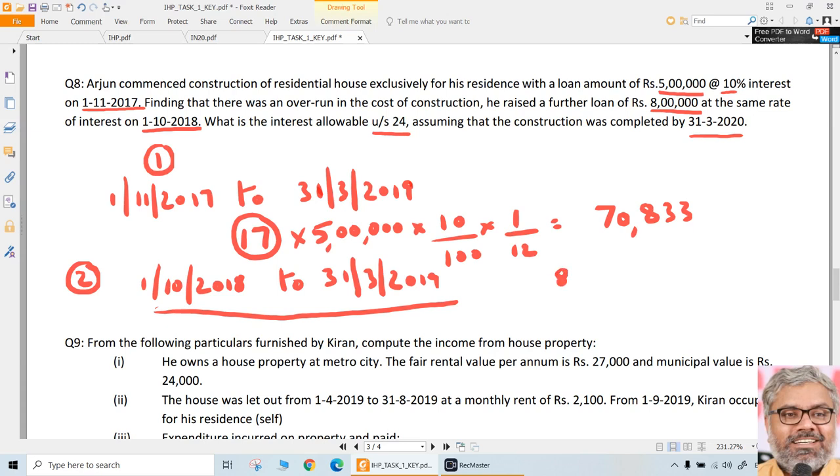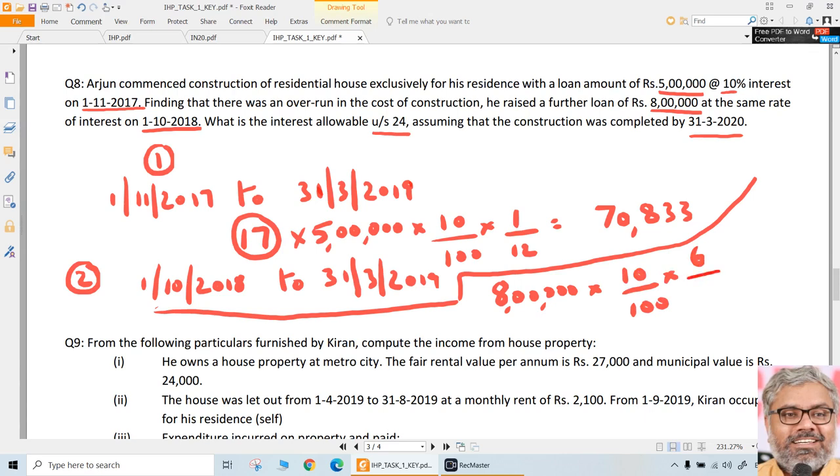Amount is now 8 lakhs. So take the amount of loan first, 8 lakhs, multiplied with the rate of interest, which is said to be the same rate, which means 10% only. But that was for a full year, and we need only 6 months.